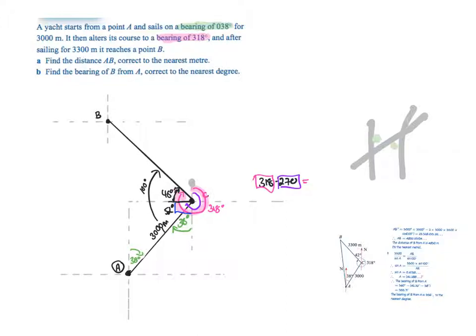So first of all, they're saying find the distance. So we got to B, and then it says find the distance of AB. So our first question here is find AB. So what I've got to do is join these two lines up.